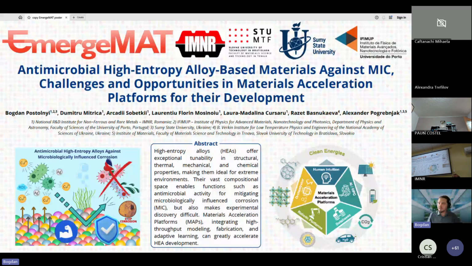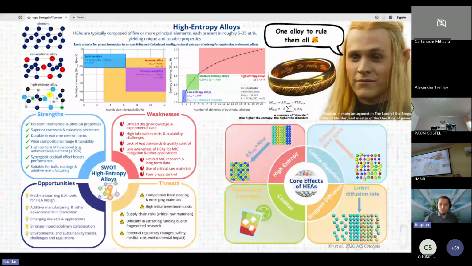This is on high entropy alloys, namely antimicrobial high entropy alloys for mitigation of microbiologically influenced corrosion. As already discussed today, high entropy alloys are alloys with 5 or more principal elements with the composition from 5 to 35 atomic percent, and they have a different set of advantages in comparison to traditional alloys.